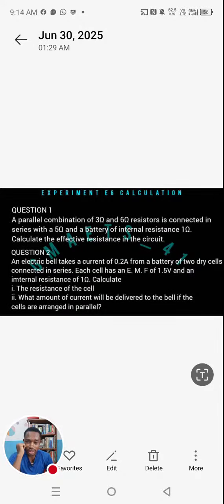So let us read it, and then you follow up with the calculation. That question 1 is actually question number 3 in your experimental work, and then question 2 here is actually question number 4. It has I and II, according to your manual for the students in Unizik.